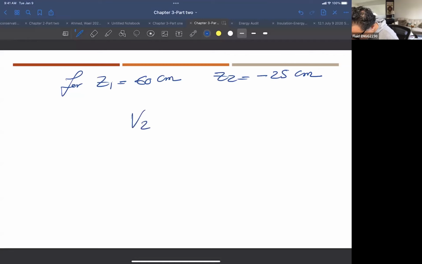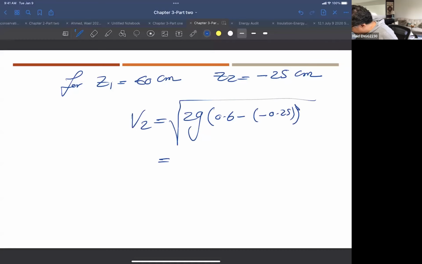So V2 here is 2g, and if I put it in meters, it's Z1 minus Z2, so Z1 is 0.6 minus 0.25, and then you take the square root. So the velocity here will be 4.08 meters per second. Okay.